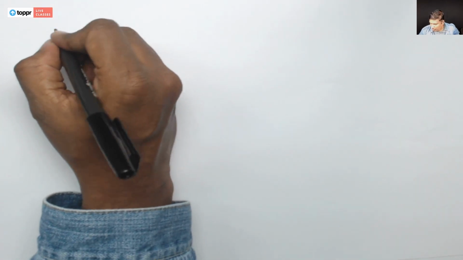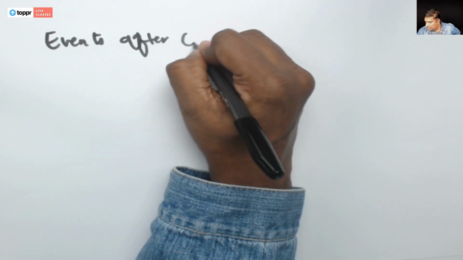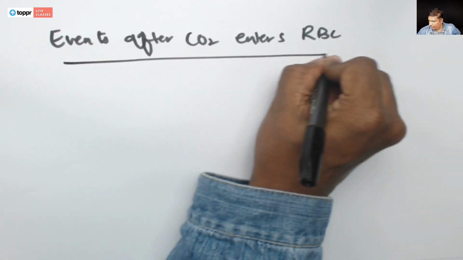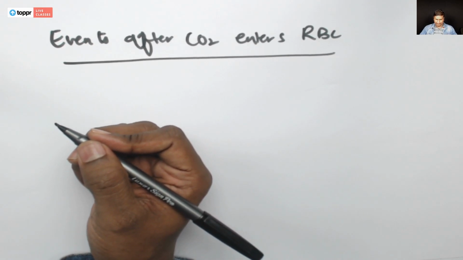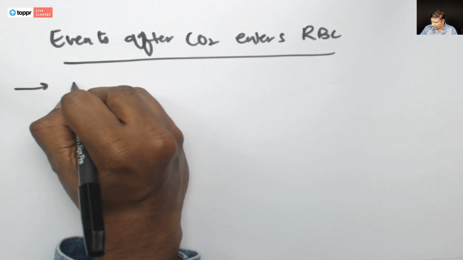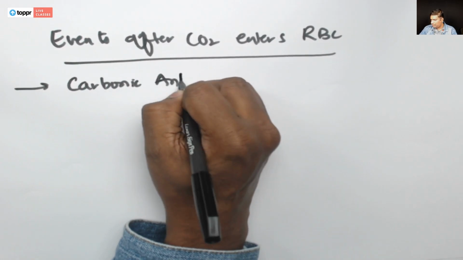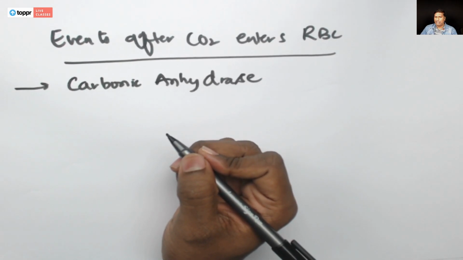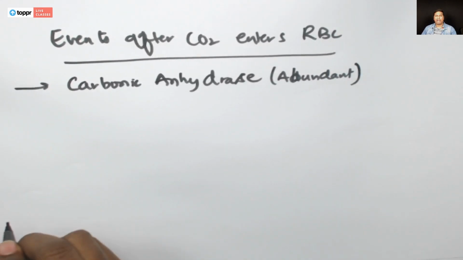We're talking about what events occur after CO2 enters the RBC. The first thing that happens is that in the RBC we have an enzyme called carbonic anhydrase, and RBC has an abundant amount of this enzyme, a lot of this enzyme.